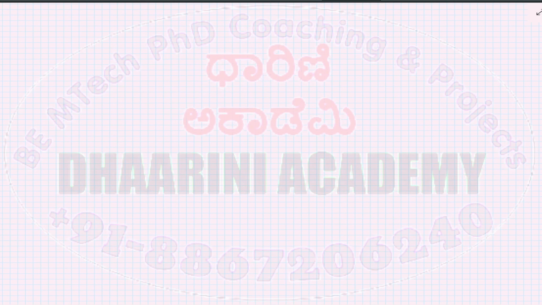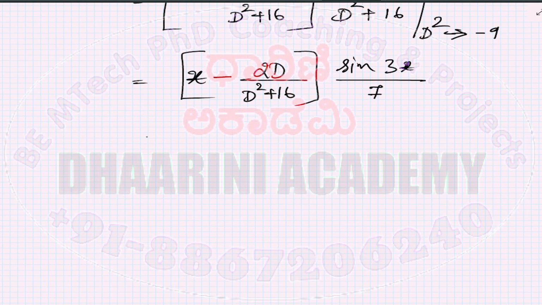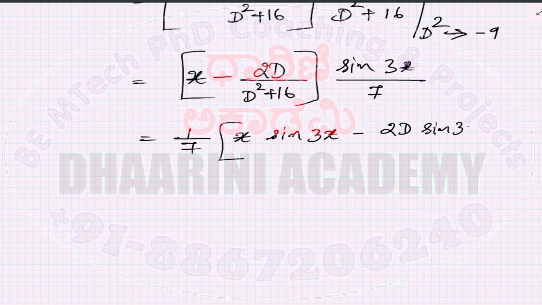So in the next step, I'll take the 7 outside, 1 by 7 into x into sine of 3x minus 2 times differentiation of sine of 3x whole divided by d square plus 16.